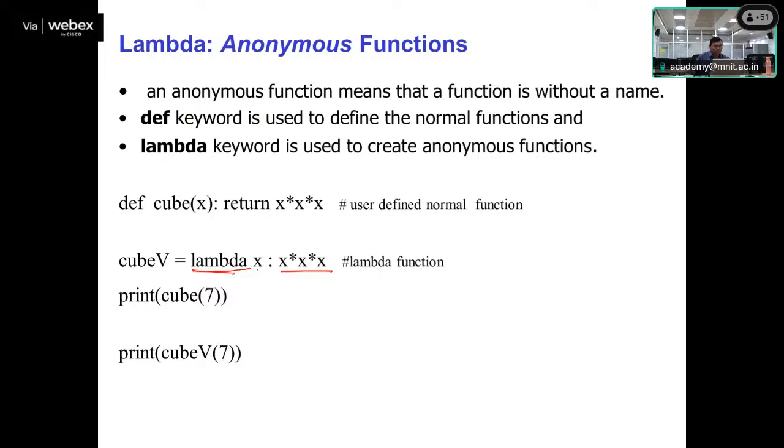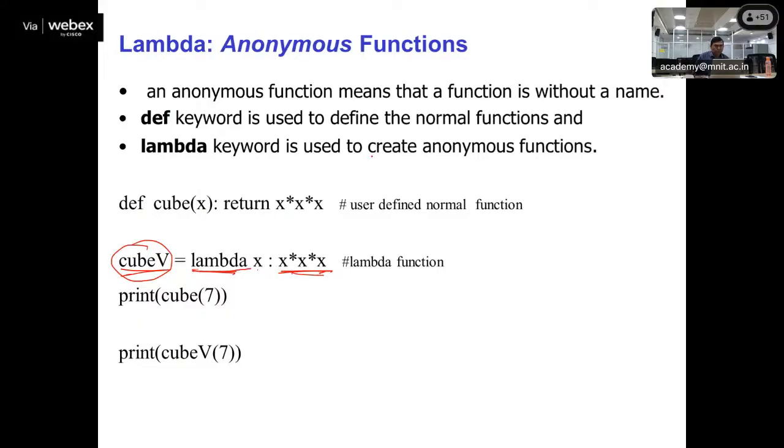There is no name for the function, only lambda. It takes argument x and does some operation, x into x into x, and makes the function return something. So this lambda function has the cube as its return. Any anonymous function has no name.